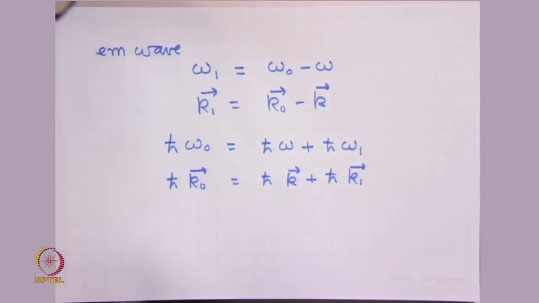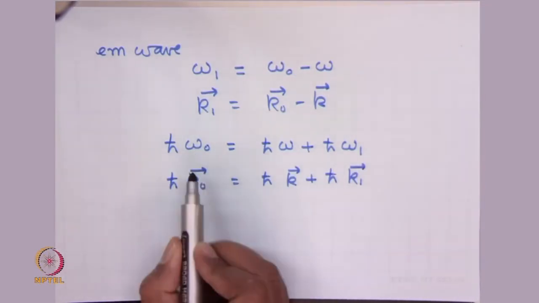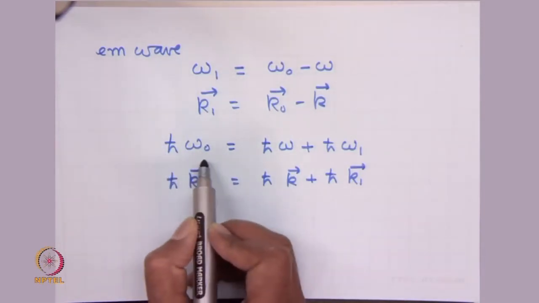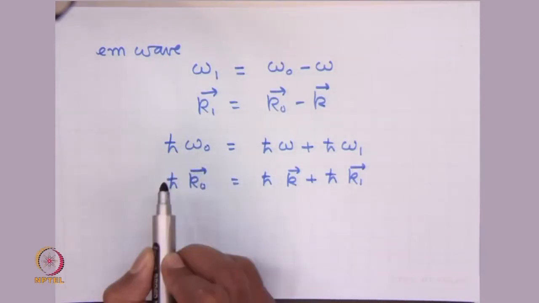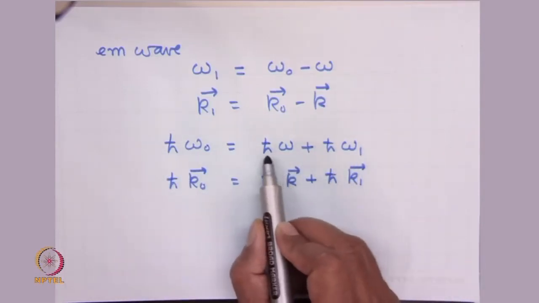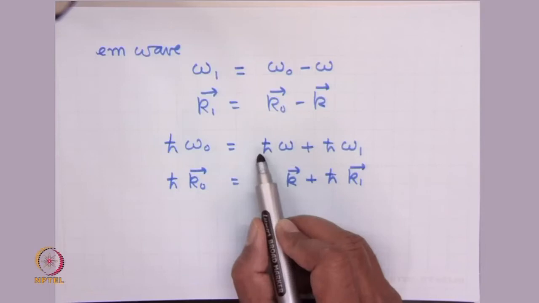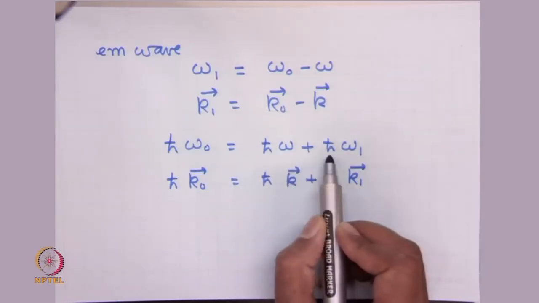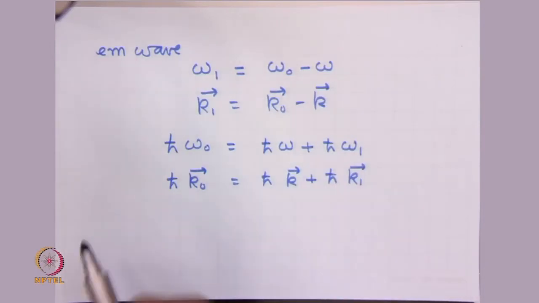What is happening here? You can visualize this process of coupling as if a pump wave photon of energy h cross omega 0 is decaying into two photons, one of energy h cross omega called a plasmon and another photon of energy h cross omega 1.